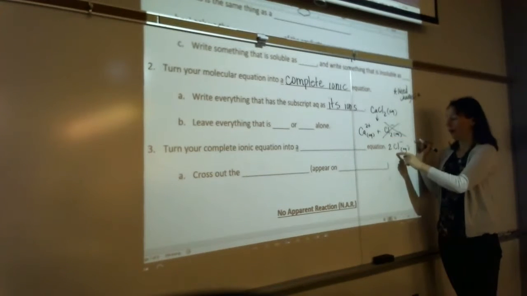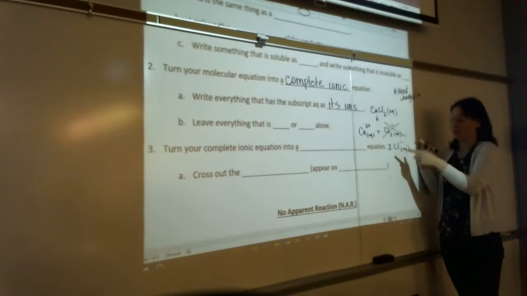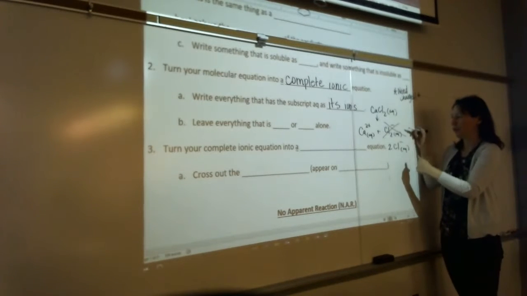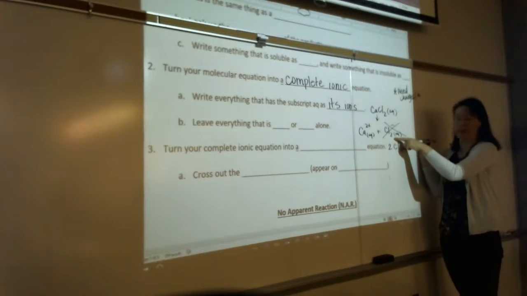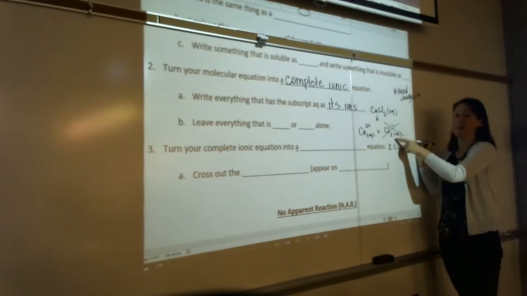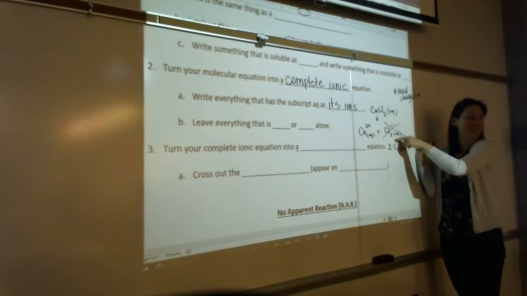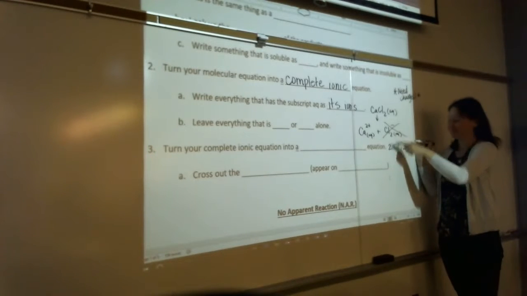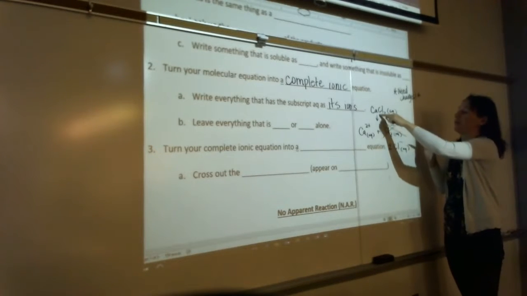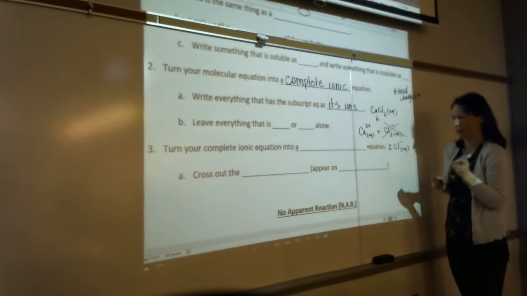Or there's chloride ion, no big deal. As long as you don't ingest tons of it, you'll be fine. Do you understand why it becomes this and not this? That makes sense, okay? I see this all the time and I want to scream because it doesn't exist. There's no such thing. Exists? No, doesn't exist. So uncrisscross, and then if it's a subscript, it needs to come out as a coefficient.